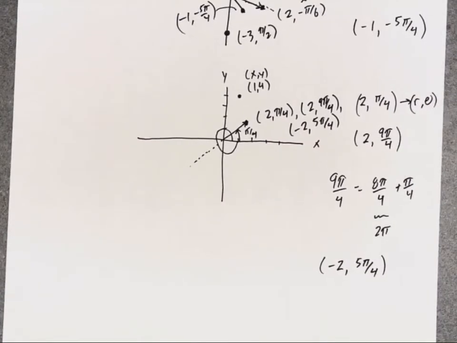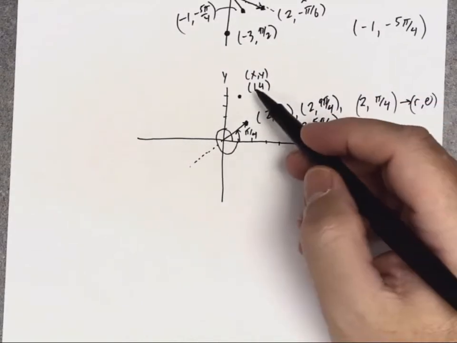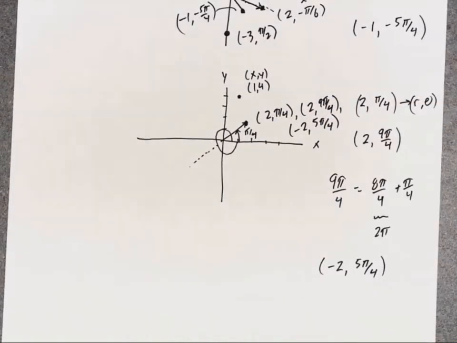And that's one interesting thing about polar coordinates. When you have a point on your graph, there are many different polar coordinates for that one point. That's not true when we talk about x and y coordinates.